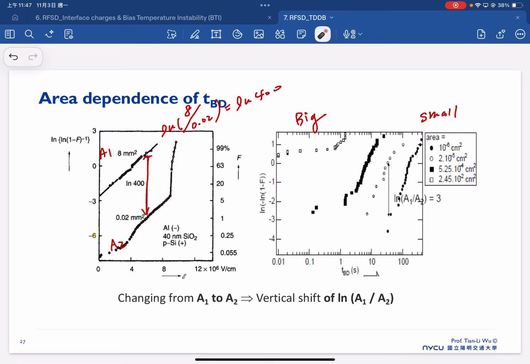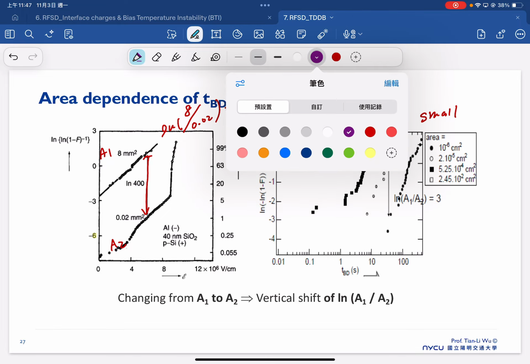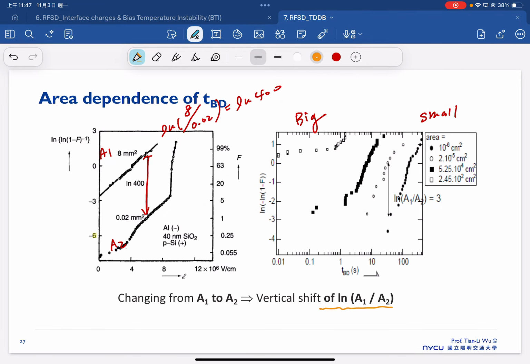Therefore, there is a vertical shift of natural log of A1 over A2, which means this is changing from A1 to A2 here.